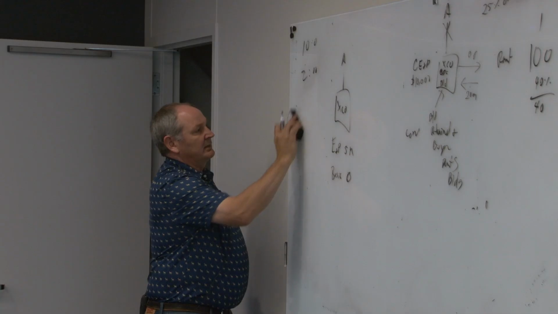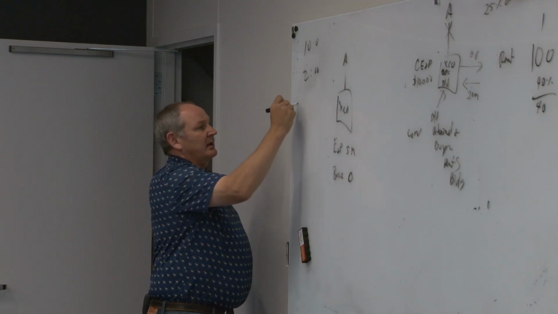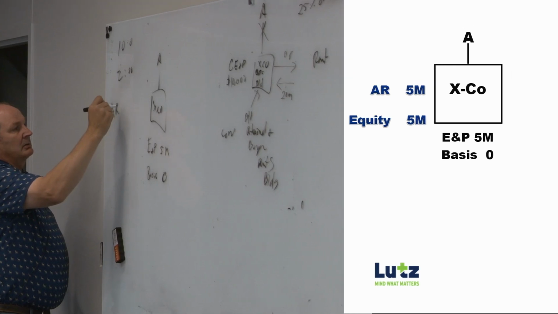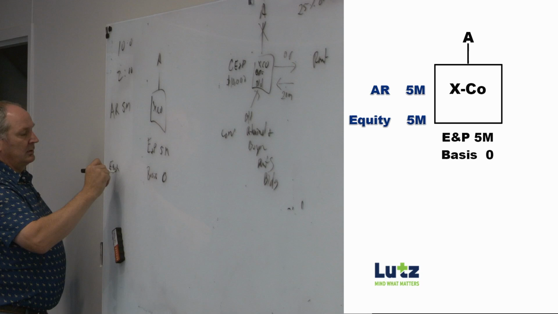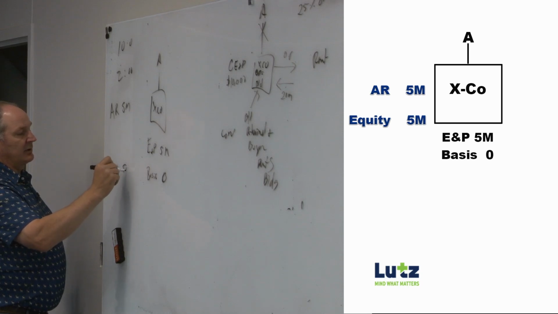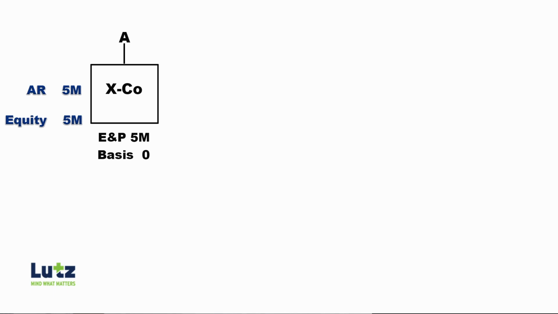That means that we have $5 million of, in the extreme, what E&P infers is we have AR of $5 million and equity of $5 million. Something is embedded in that corporation that has $5 million worth of tax basis.